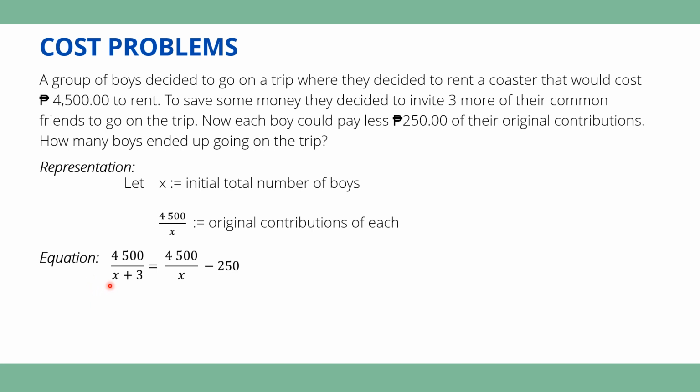So, you will have in your denominator x plus 3 equal to our original contribution base sa ating third statement. Meron na siyang less 250 pesos. So, original contribution, 4,500 over x minus the 250 pesos. So, this is now our equation, working equation for this problem.